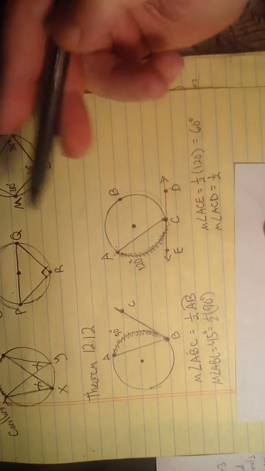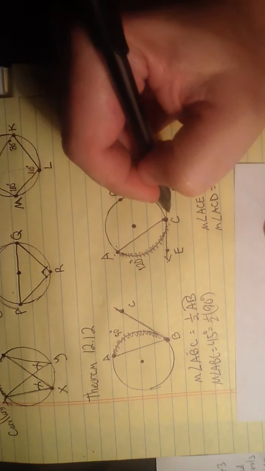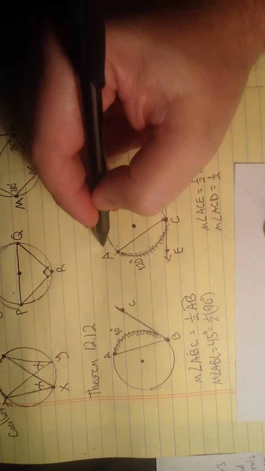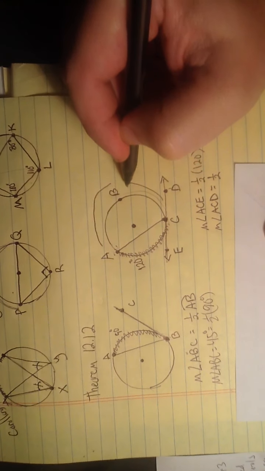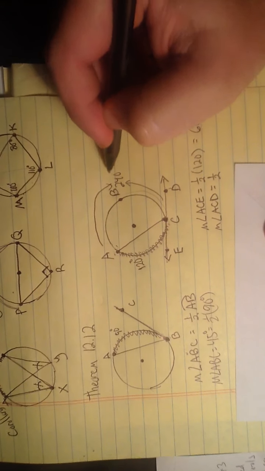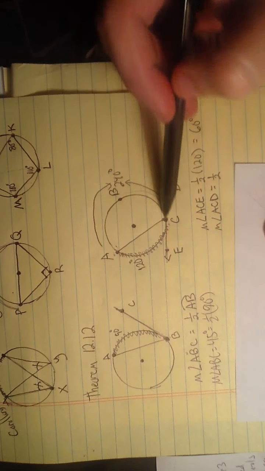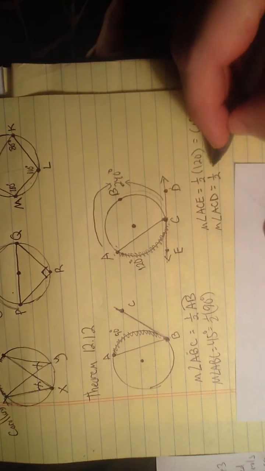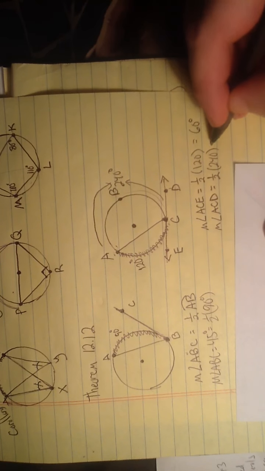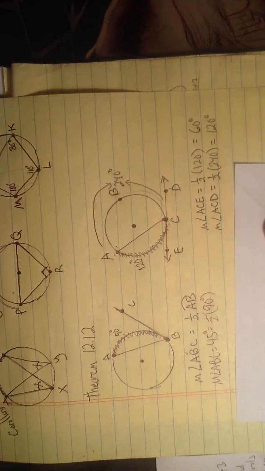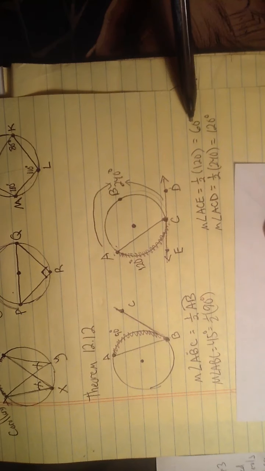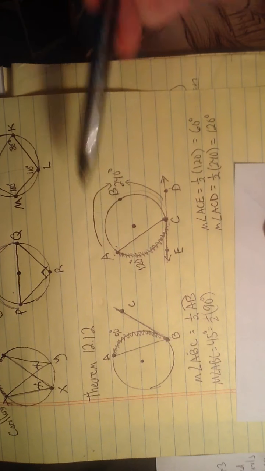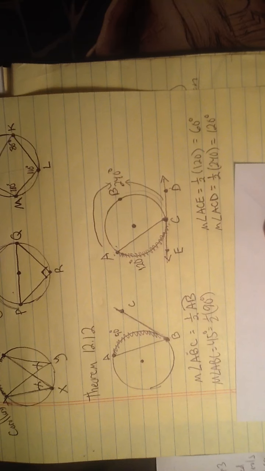If that's 120, that means the other arc measure has to be 240, because it's a grand total of 360. Half of 240 would then be 120 degrees. Does it make sense that these add up to 180? Because what's half of 360? 180. The entire circle is being used. So it makes a lot of sense. I hope it does, at least.